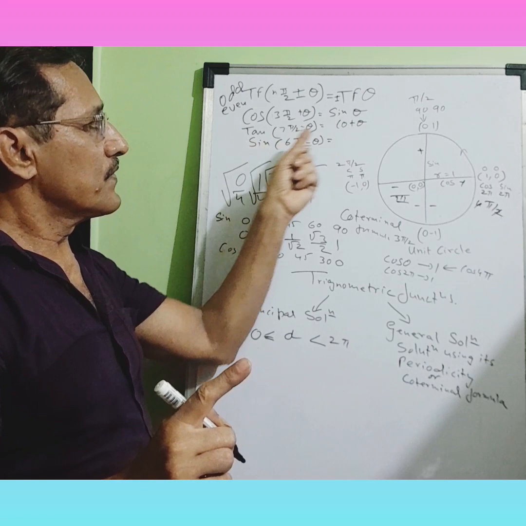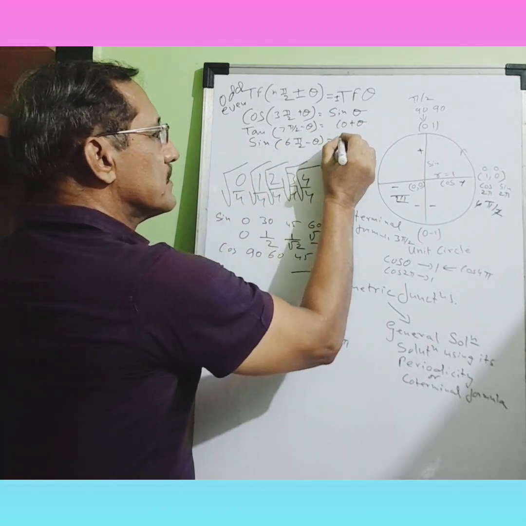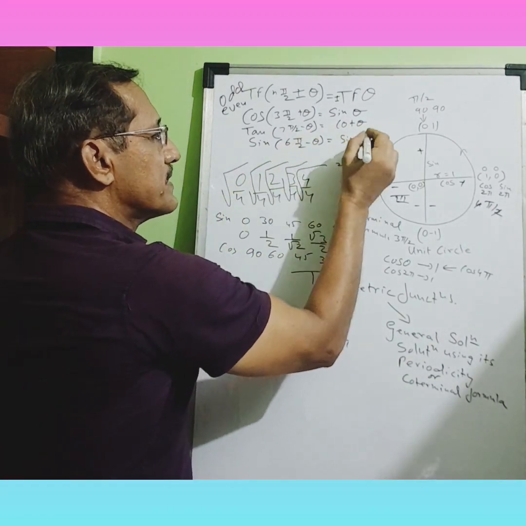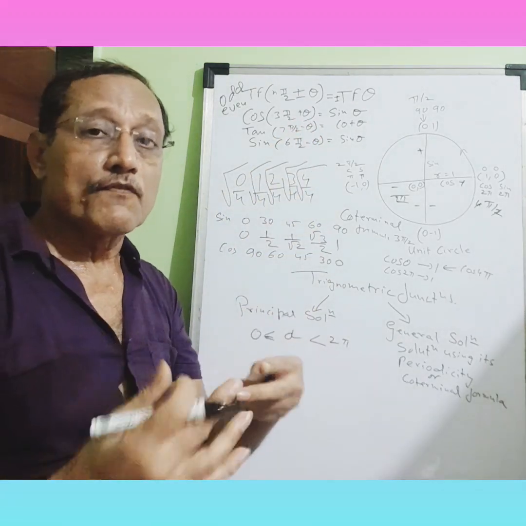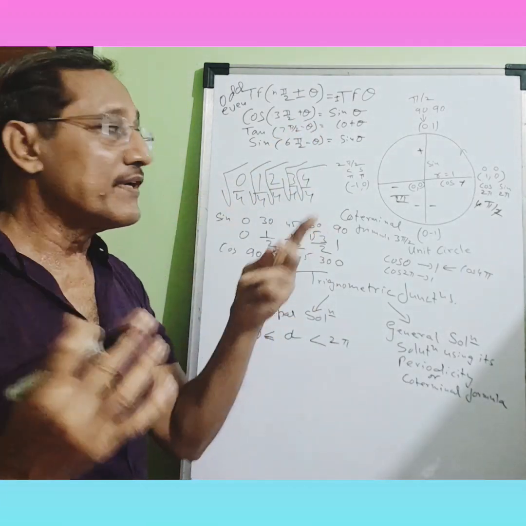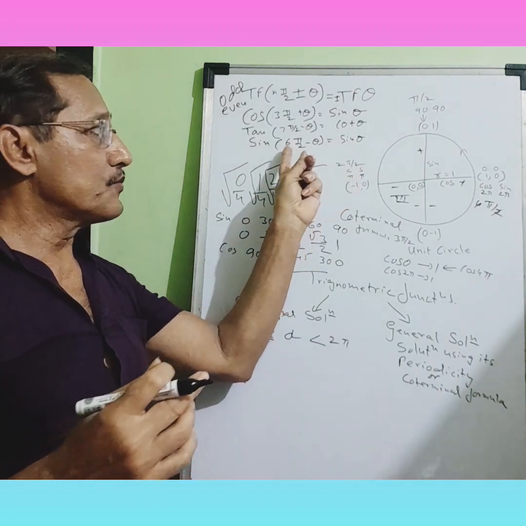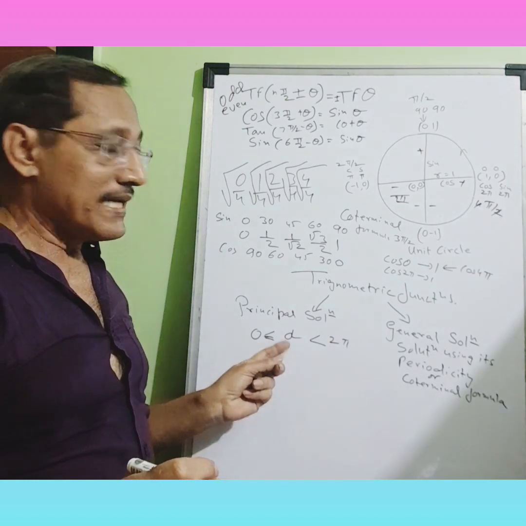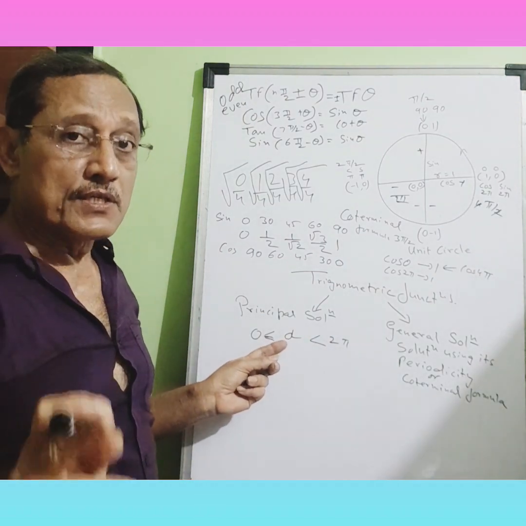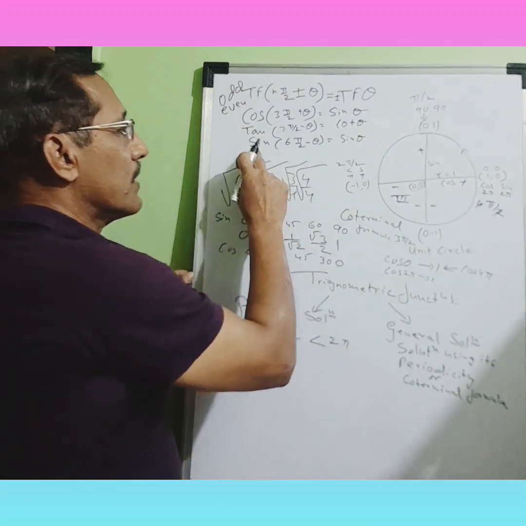If it is sine, here also we would have sine. And then theta. Mind you, in our case, theta would be some angle, right? 30, 45, 60, 90, whatever it is. It would be that thing, which would be straight away coming here. We would be requiring that while we are tackling principal solution. Got it? Okay. So this remains the same.